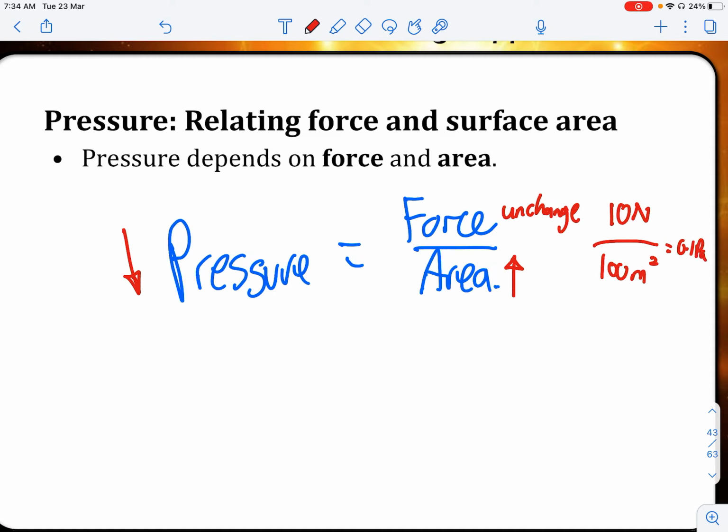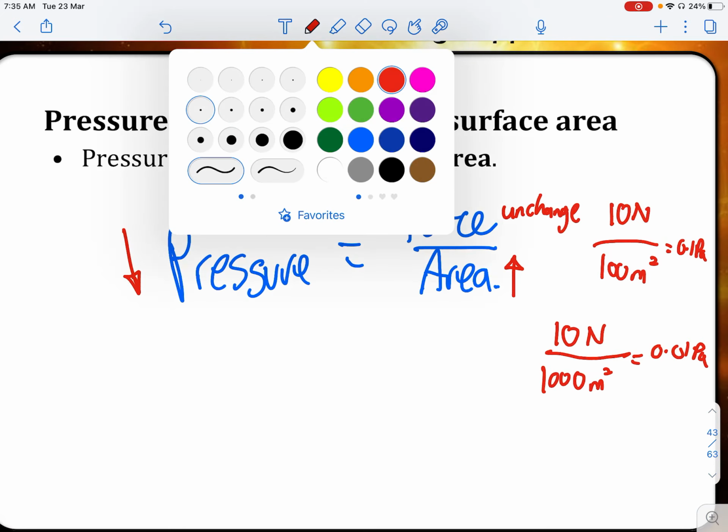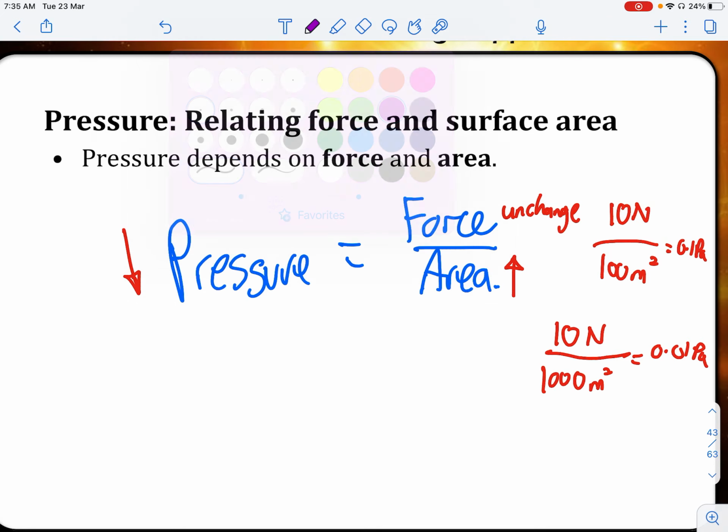However, if you keep the force the same, divided by a larger area, let's say 1000 meters square, you get 0.01 Pascal, which is a smaller number. And of course, the opposite is true, in that if you use a smaller area, your pressure would increase, okay, like this.